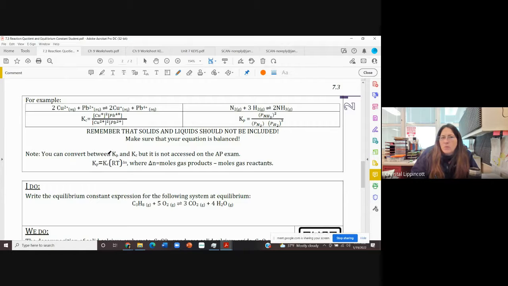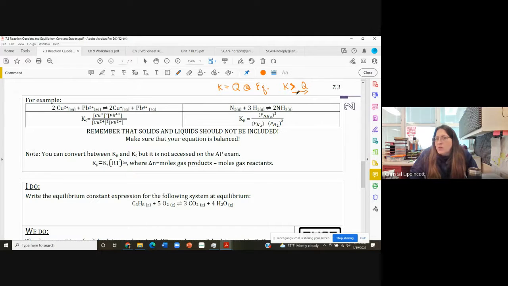If it's Q, it may be. So if you calculate K and it's equal to Q, then you're at equilibrium. If your K is greater than Q, then it's going to shift this direction. The way you remember that is you always write your K first, and then you write your Q. Whatever direction your greater than or less than symbol points is which way the reaction is going to run.